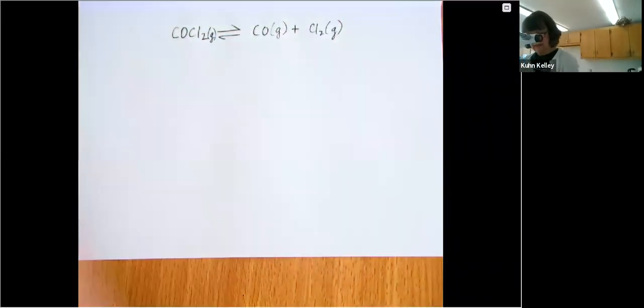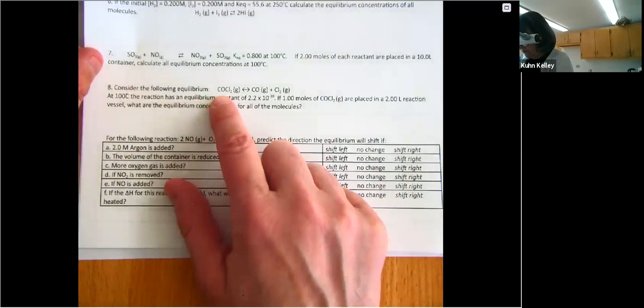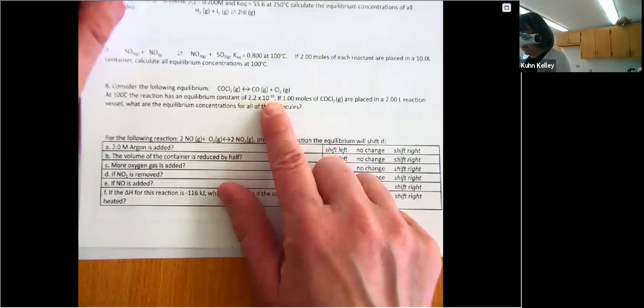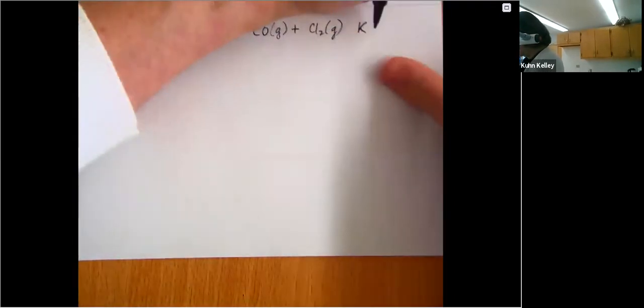And our problem reads like this. Consider the following equilibrium. At 100 degrees, the reaction has an equilibrium constant of 2.2 times 10 to the negative 10.